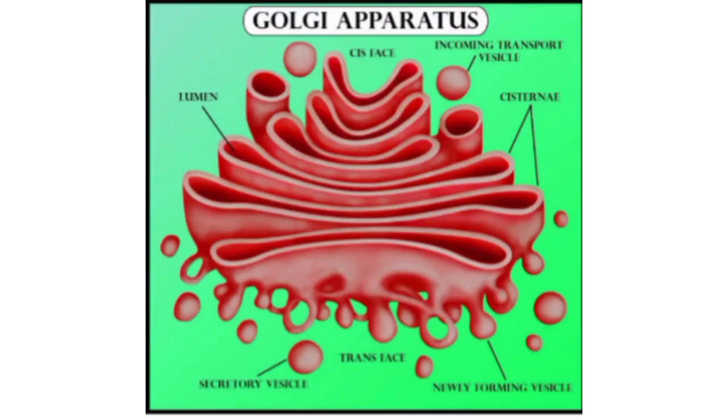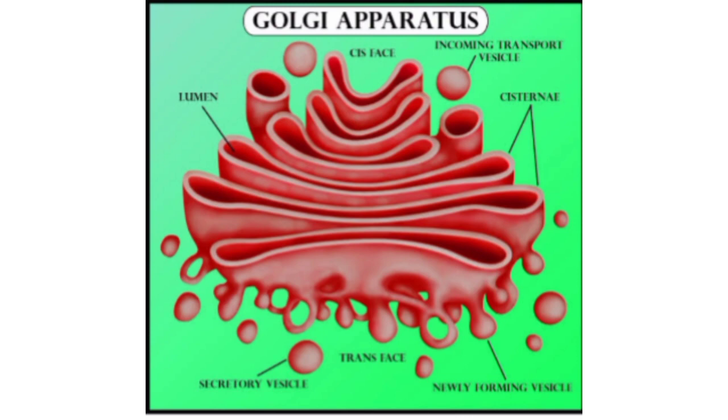Now, this is the other cell organelle, that is Golgi apparatus. The Golgi apparatus was discovered by Camillo Golgi. Now, the structure of Golgi apparatus. Golgi body is formed of three types of elements. First one, cisternae, second, vacuoles, and the third are vesicles.